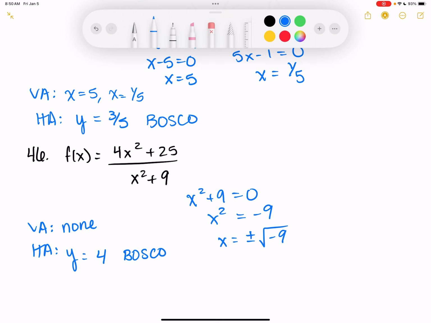All right, what do we get for horizontal? What was it before? Y is equal to 4. Does everyone agree? Anyone disagree? Cool. Yep. Y equals 4.